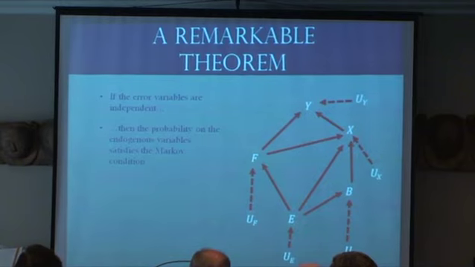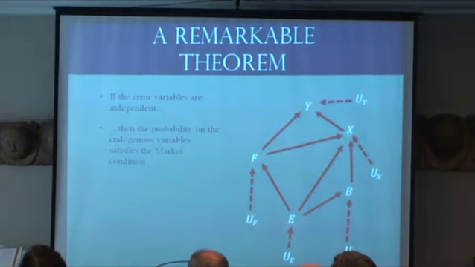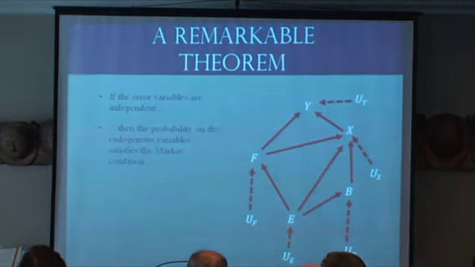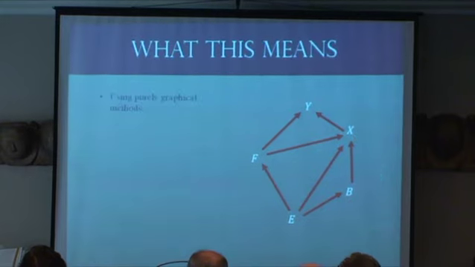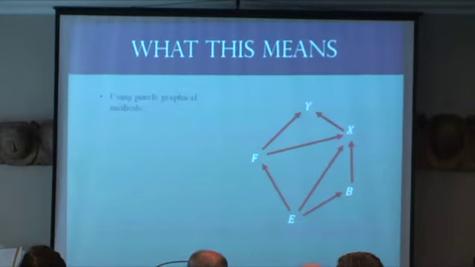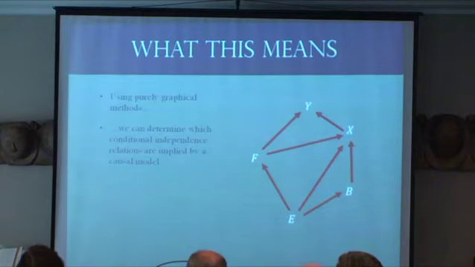Now why is that important? It means all of a sudden we can take all of the results of the 1988 book and start doing that with causal models. So we can have causal models that represent the causal relationships between different variables, and just by using those graphical devices, we can determine what probabilistic independence relationships are entailed by a causal model.